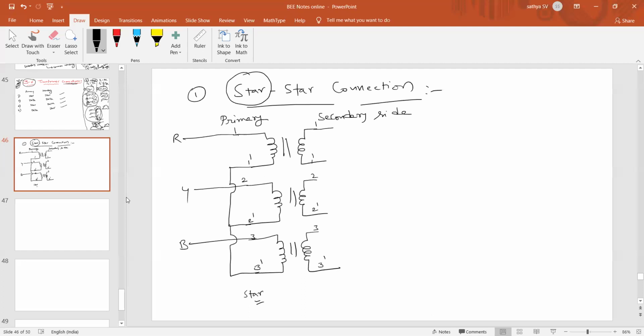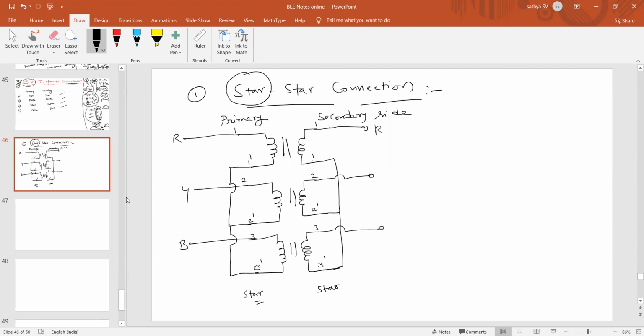Yes, sir. Star connection. Now tell me, on the secondary, what are the points I need to connect to form the star again? 1 dash, 2 dash, 3 dash. Good. Drag all these first ends on the secondary side.